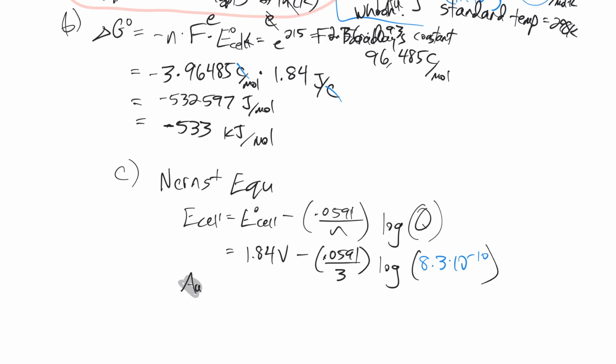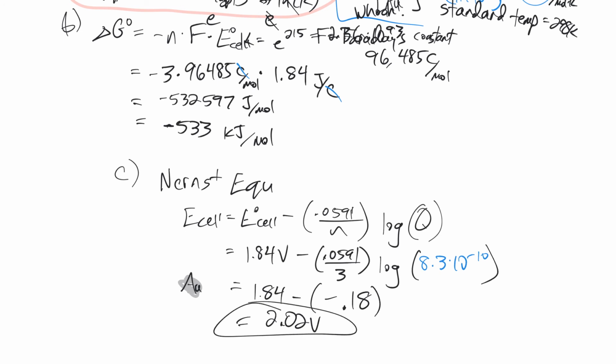Okay, all right, so 1.84 minus, got to crunch some numbers on the calculator here, 0.0591 over 3 times the log of 8.3 times 10 to the negative 10th. Altogether, that's 0.18 volts. And if you put it all together, we get 2.02 volts as the final answer.